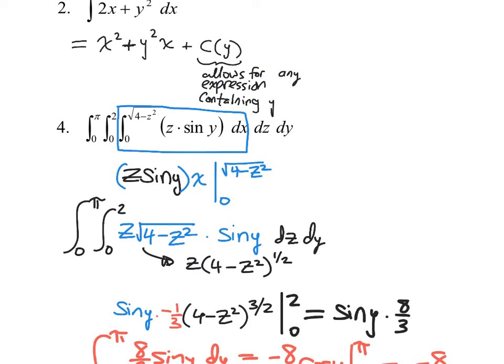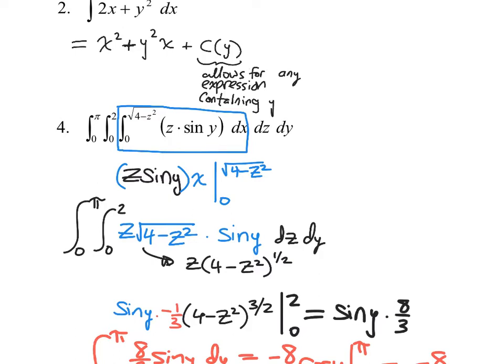What I have now, just looking at the relationship between dy and dz, I have the ability to swap these because these correspond to a rectangular region. This part of it, the x, doesn't seem to be relevant because we've already accounted for that by the time we get to this step. So when we're in this step here, we could have swapped the dz and the dy only because this corresponds to a rectangular region.